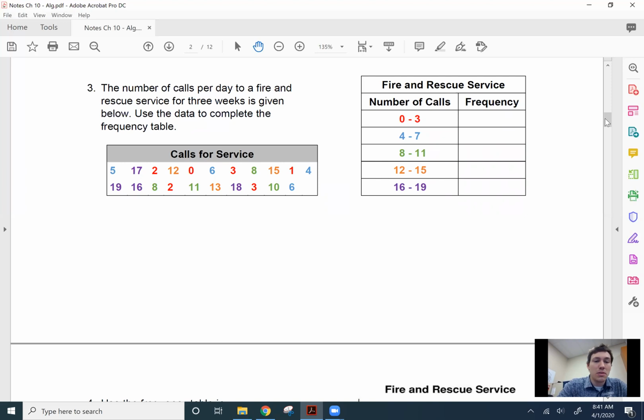How many times did that happen? 1, 2, 3, 4, 5, 6 times. 4 to 7 happens 4 times. 8 to 11, 4 times. 12 to 15, 3 times. 16 to 19, 4 times. So 6, 4, 4, 3, 4.